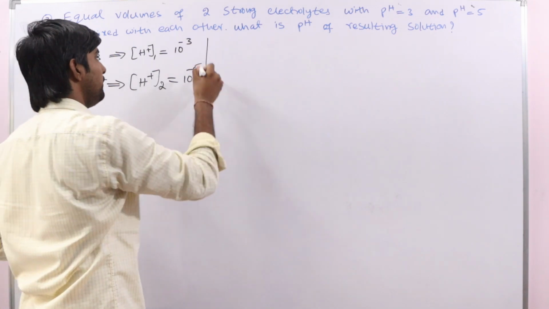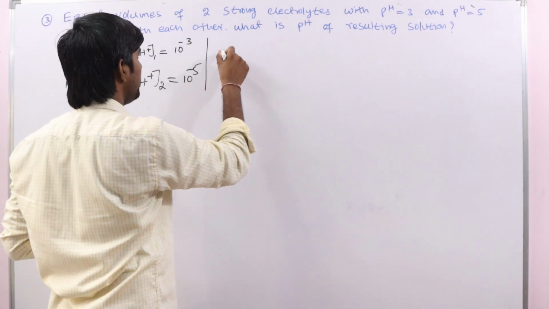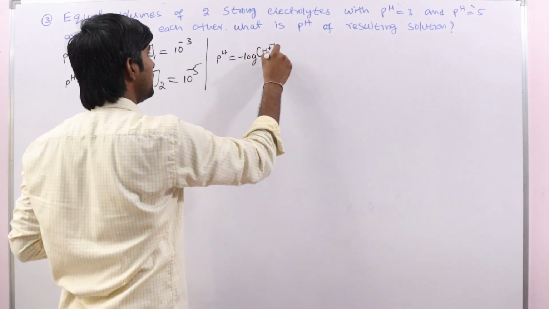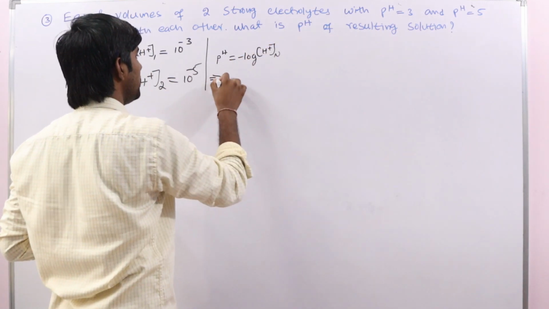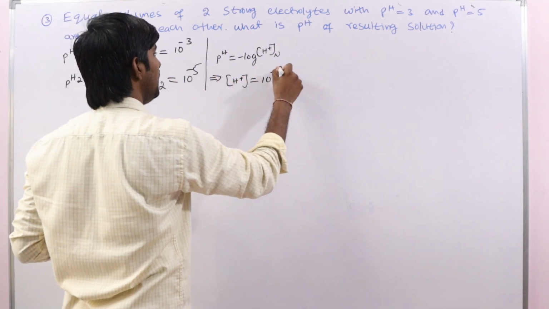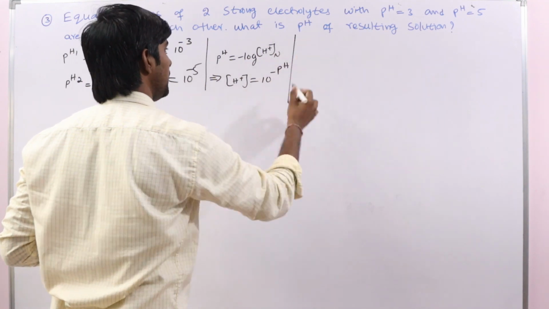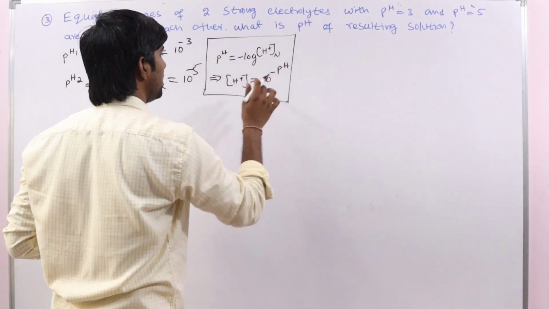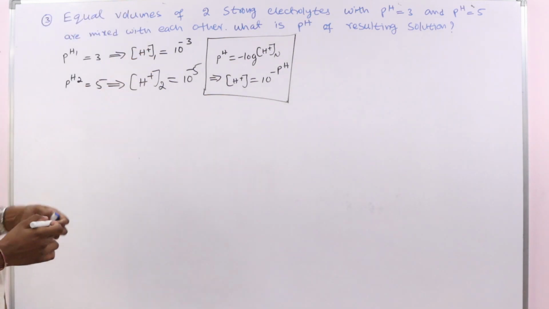Don't confuse here, very simple. pH is equal to minus log H plus ion concentration, right? So from this, H plus ion concentration is equal to 10 power minus pH. In this way we are getting these two.